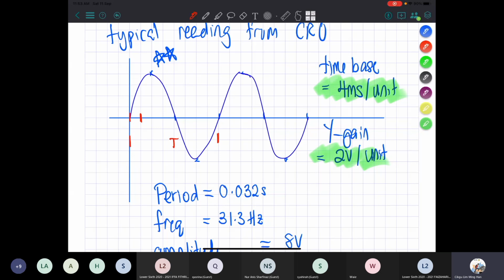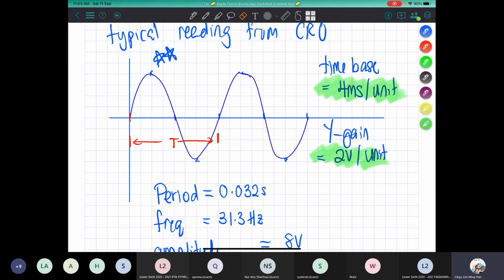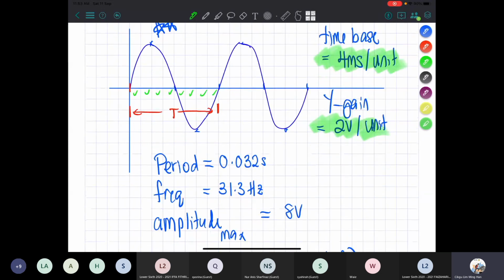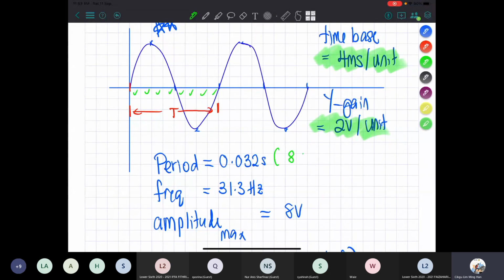So period will be the time taken to complete one oscillation. If I go and count the period, it will be 1, 2, 3, 4, 5, 6, 7, 8. So there are 8 of them. So my answer will be 8 units multiplied by 4 millisecond.